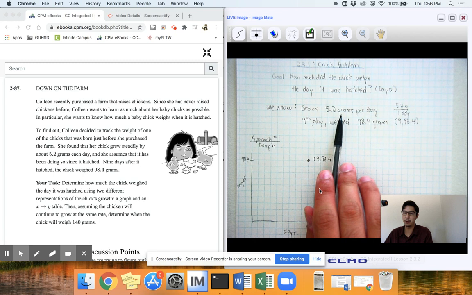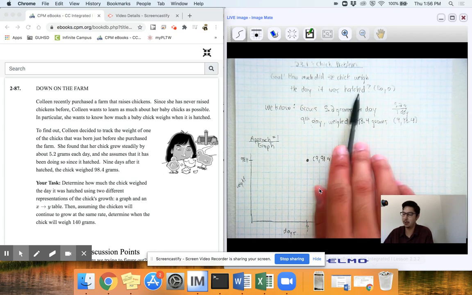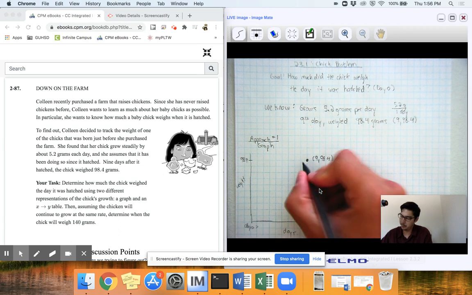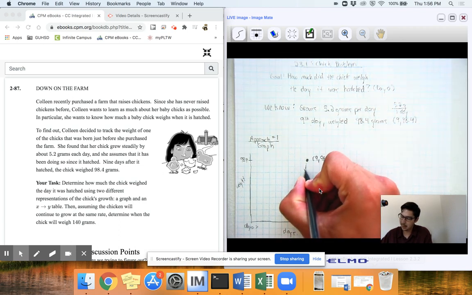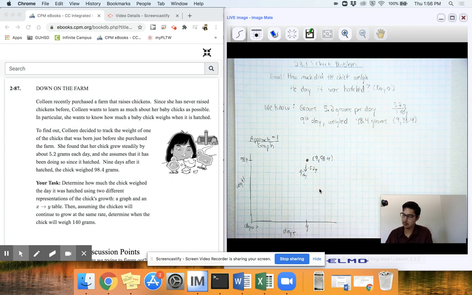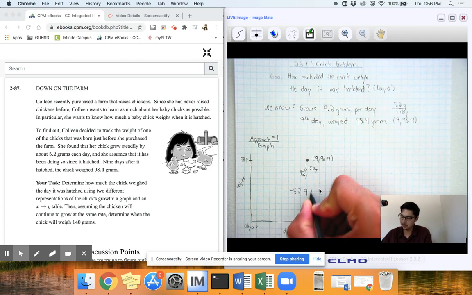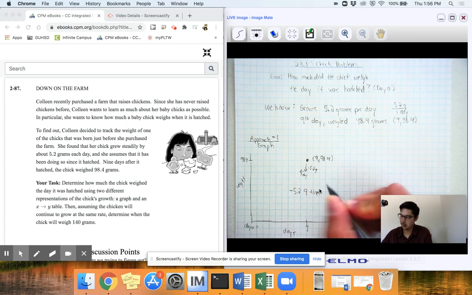And then you knew it grew 5.2 grams a day. So if you wanted to find out how much the chick weighed the day it was hatched on day 0, you would go back 5.2 grams every day. So you'd minus 5.2, how many days? Well, you'd minus 5.2 nine times from that 98.4.